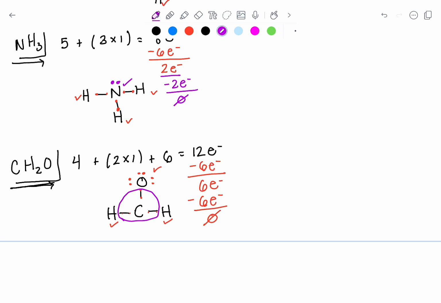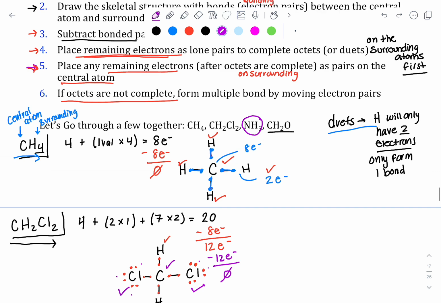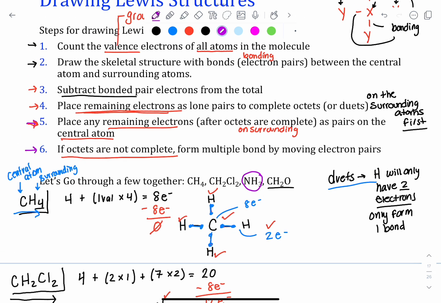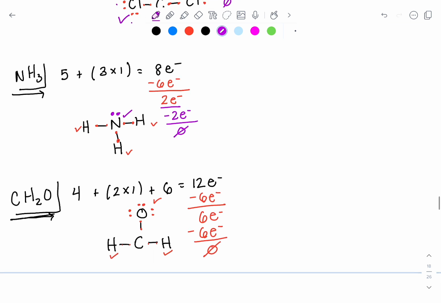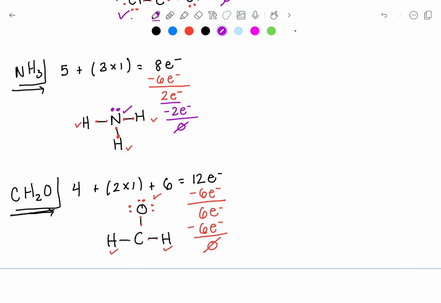So carbon does not have its octet. So let's go to our rules. Step 6 says if octets are not complete, form multiple bonds by moving electron pairs. So we have to create a multiple bond, and we have to do that by moving electron pairs.